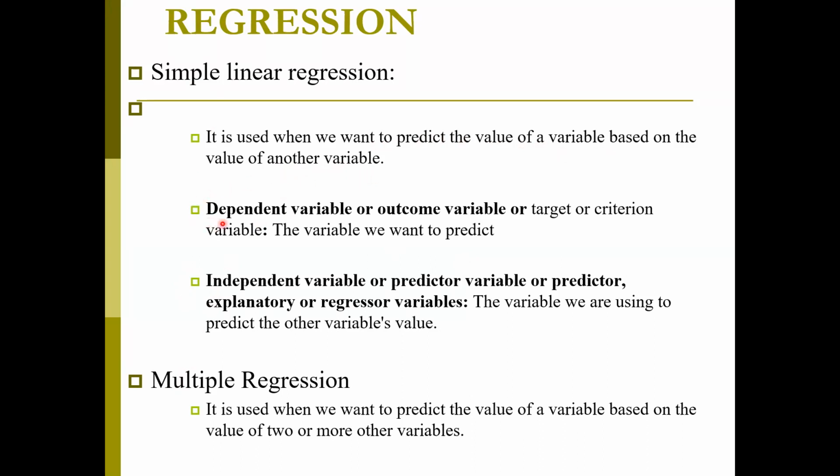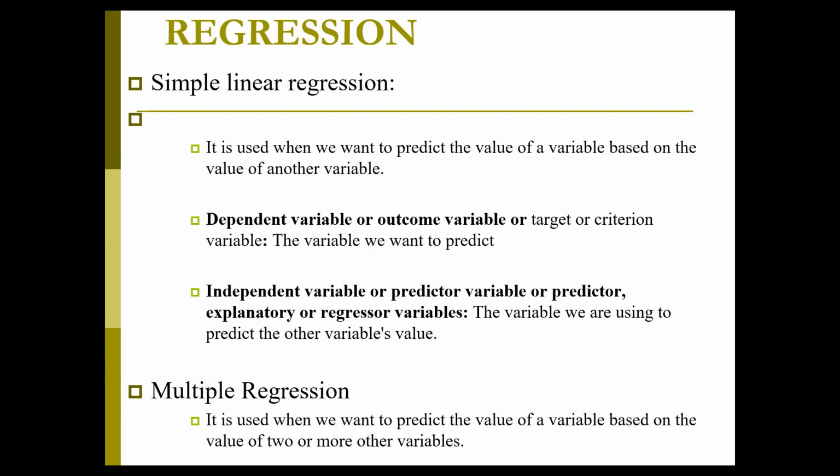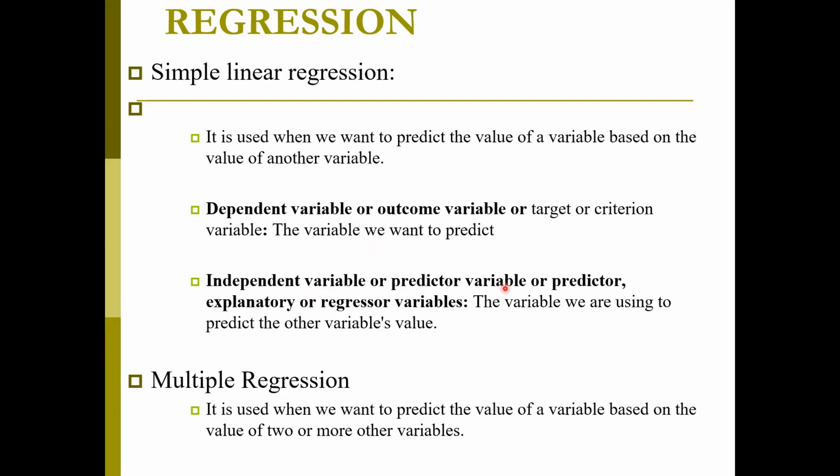The first variable that we want to predict is called the dependent variable, the outcome variable, the target or criterion variable. What a name. And this is the variable we want to predict. Then we have the independent variable, the predictor variable, the explanatory, or the regressor variable. And this is the variable we are using to predict.